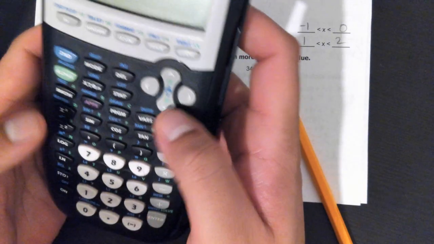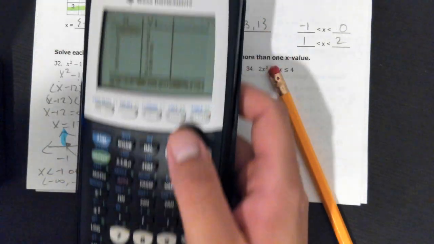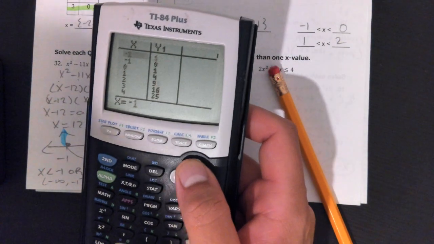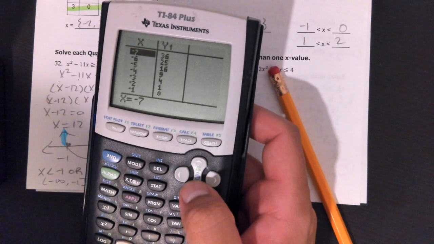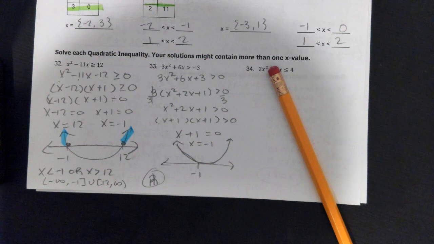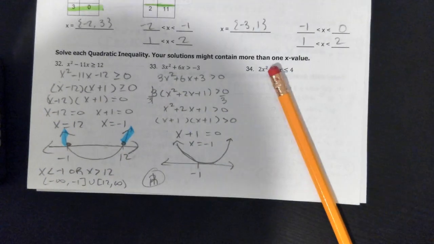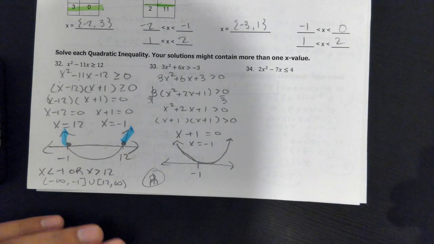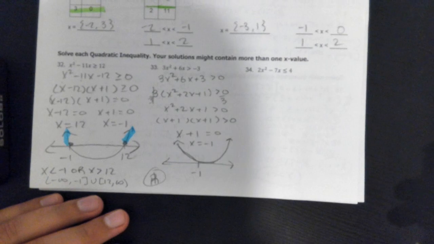Alright, so for any x value, it's always going to be greater than 0.